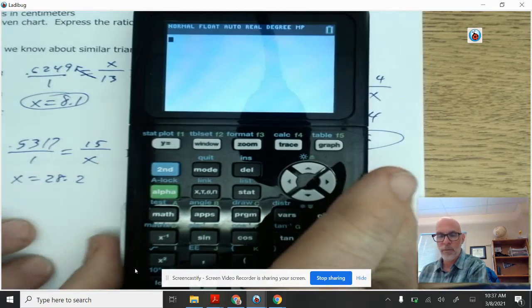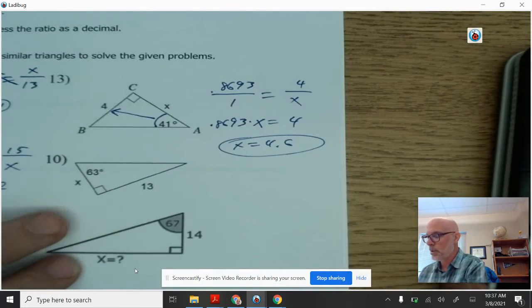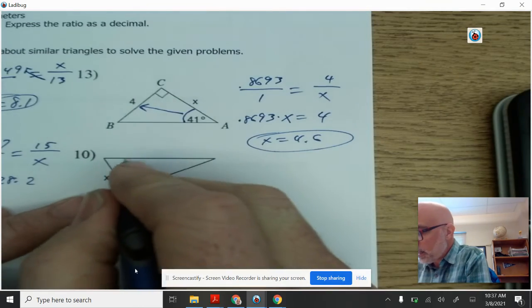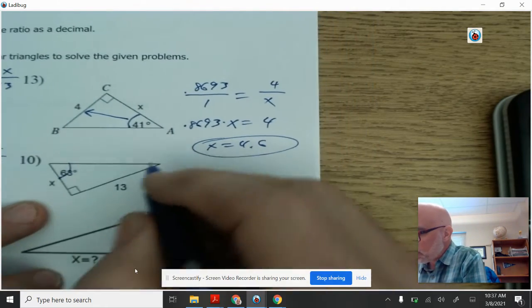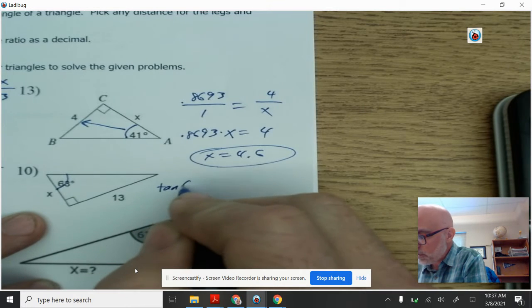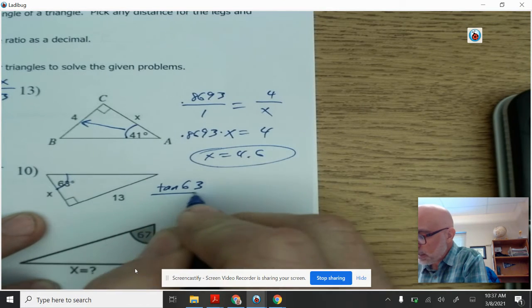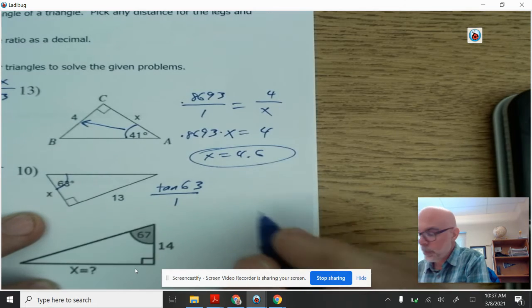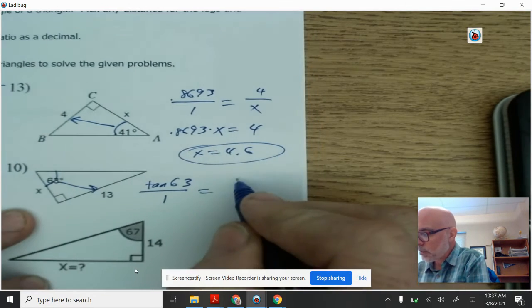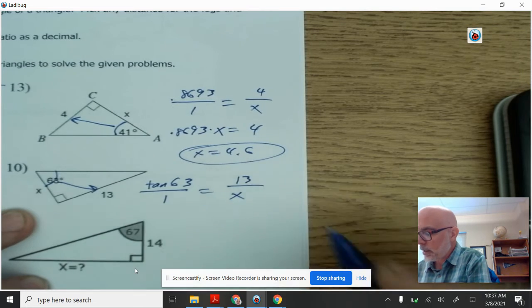From this point forward, this is the way I want you to start showing your work, and I'm going to save you some more time. I know it's going to be the tangent of 63, so instead of writing down the decimal, let's just write tangent of 63. We can think of it still as being over 1. Then it's the opposite over adjacent, so it's 13 over x.